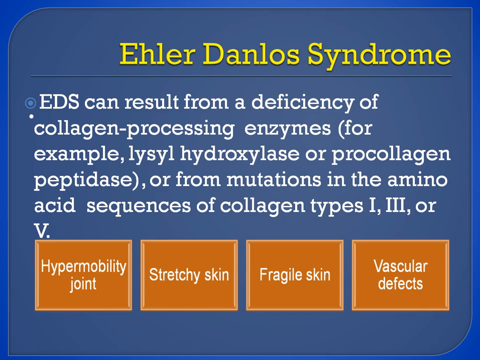Now Ehlers-Danlos syndrome. It results from a deficiency of collagen processing enzymes, for example lysyl hydroxylase or pro-collagen peptidase, or from mutations in the amino acid sequences of collagen types 1, 3 or 5.